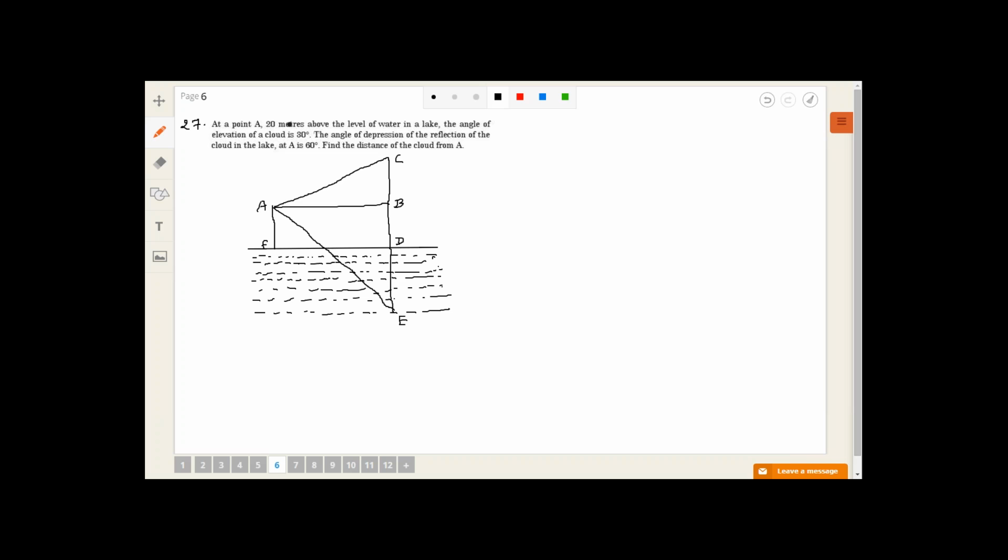It says at point A, which is 20 meters above the level of water in the lake, the angle of elevation of the cloud is 30 degrees. So this angle will be 30 degrees. The angle of depression of the reflection of the cloud in the lake at A is 60 degrees. So this will be the angle of depression, and the reflection of DC will be equal to D. So from this point, at the point of reflection, the angle will be 60 degrees. Find the distance of the cloud from A.